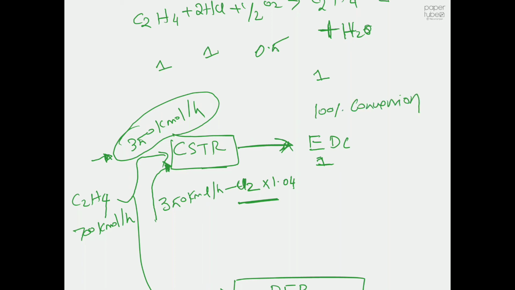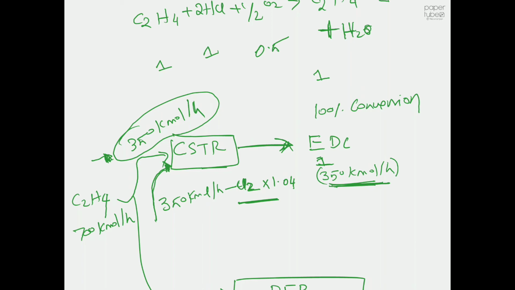So now you know 350 kilomoles per hour of ethylene and 350 kilomoles per hour of chlorine, so you will get around 350 kilomoles per hour of ethylene dichloride. This is an approximate number. This is an ideal case.